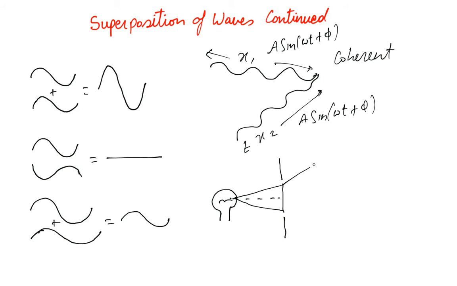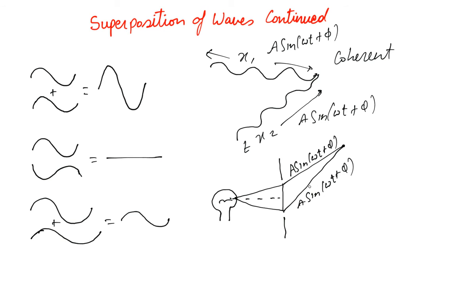And then you can talk about how these two waves superimpose somewhere outside, somewhere here in this region. So these two are the two sources which are coherent in nature. So this guy is also going to produce and follow equation a sine omega t plus phi, and this guy here also is going to follow the equation a sine omega t plus phi. These are coherent in nature.